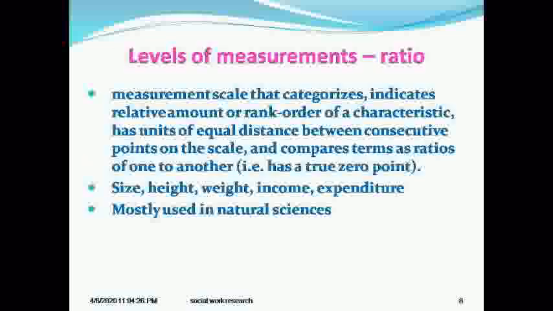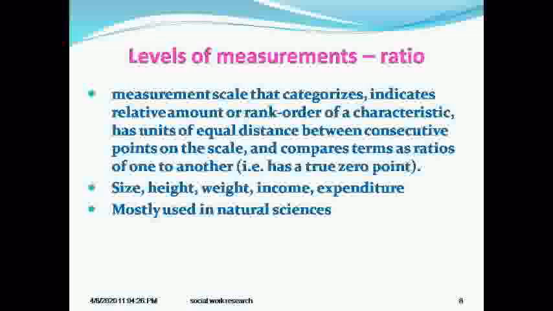Now the final level of measurement is the ratio level. Ratio level is the measurement scale that categorizes, indicates relative amount or rank order of a characteristic, has units of equal distance between consecutive points of the scale, and compares terms as a ratio of one to another. There is a proper zero point.